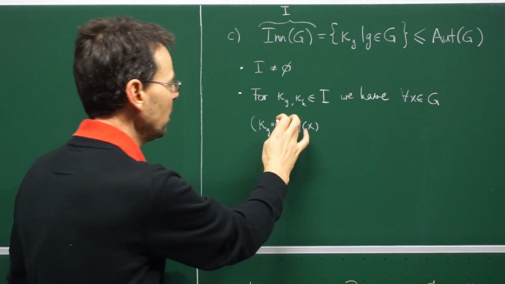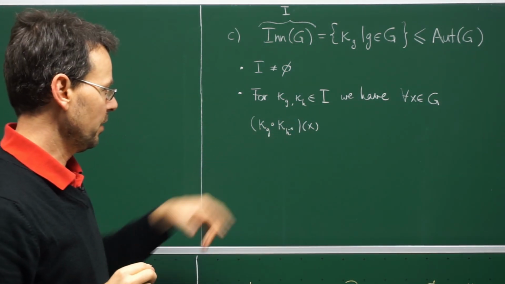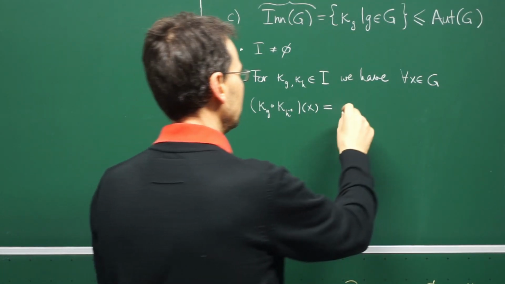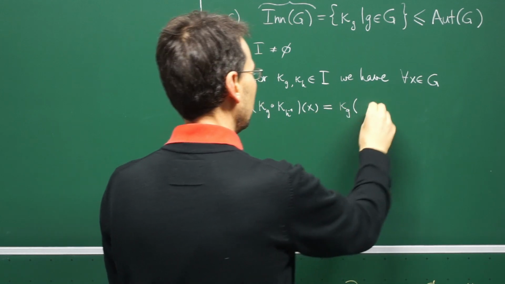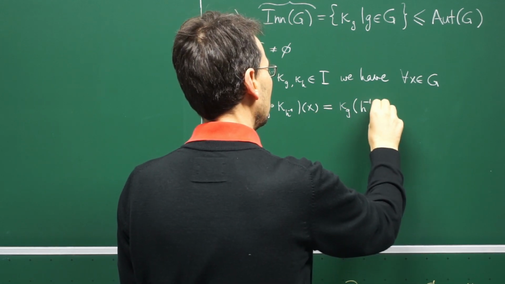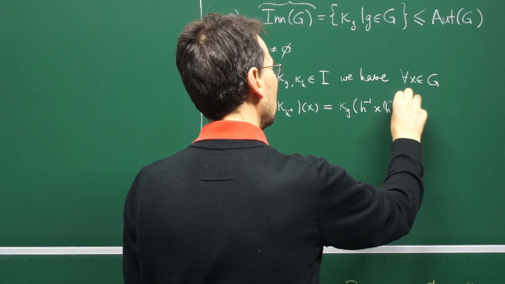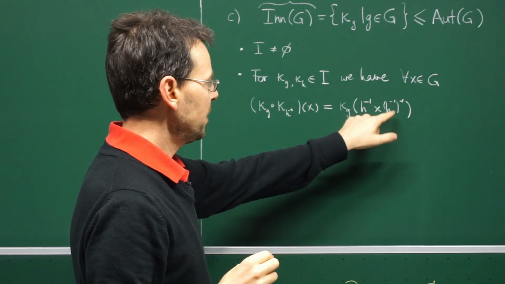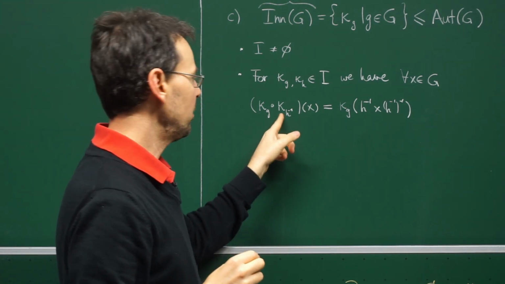Now, first of all, we show that this here is conjugation with the inverse of H, and now we need to apply this here. So this is kappa G applied to H inverse X H inverse inverse.